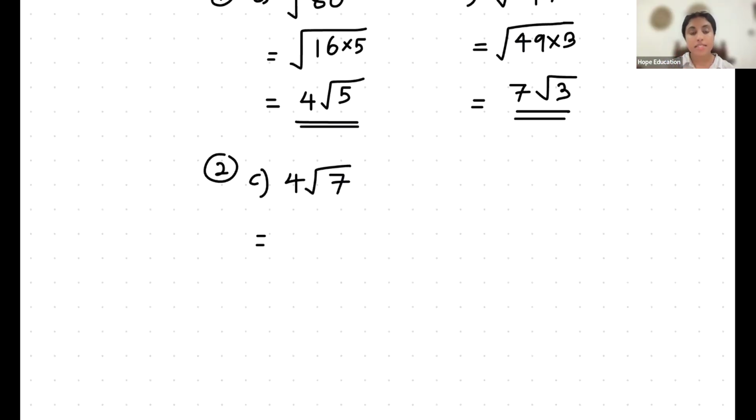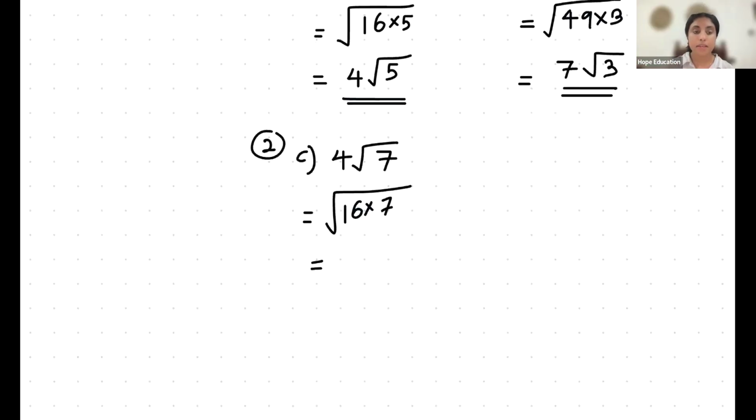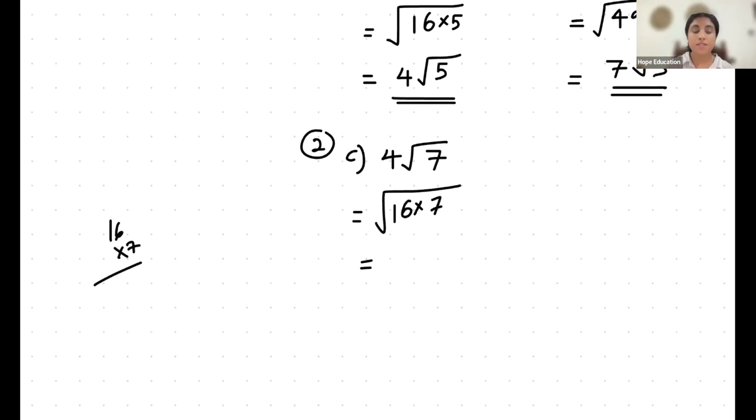The square of 4 is 16, so I put it inside the root sign. So I get 16 times 7. Then we'll just do the multiplication. 7 times 6 is 42, 7 times 1 is 7, plus the 4 carried is 11. That would be 112.